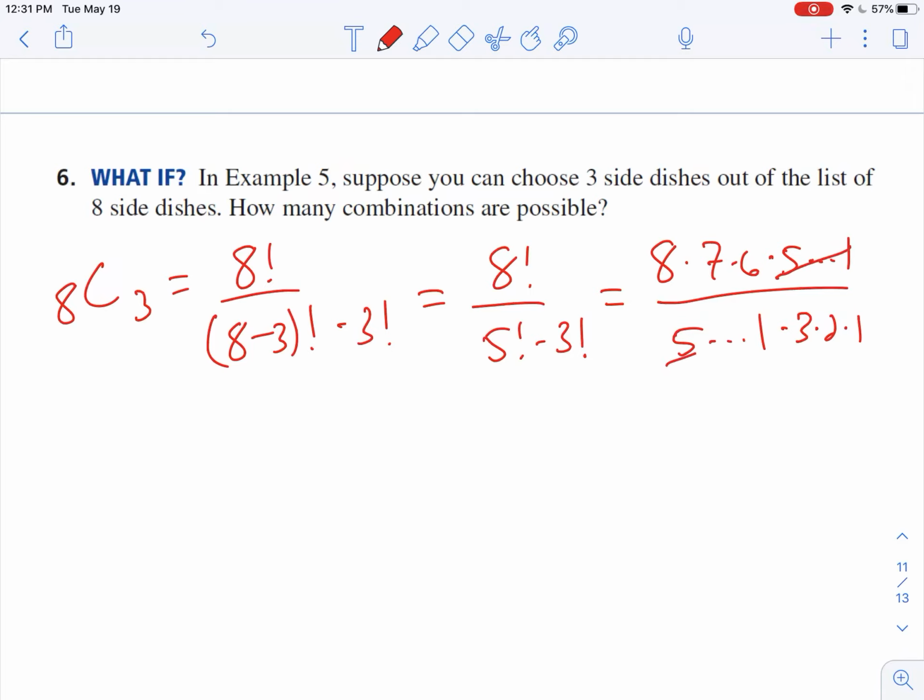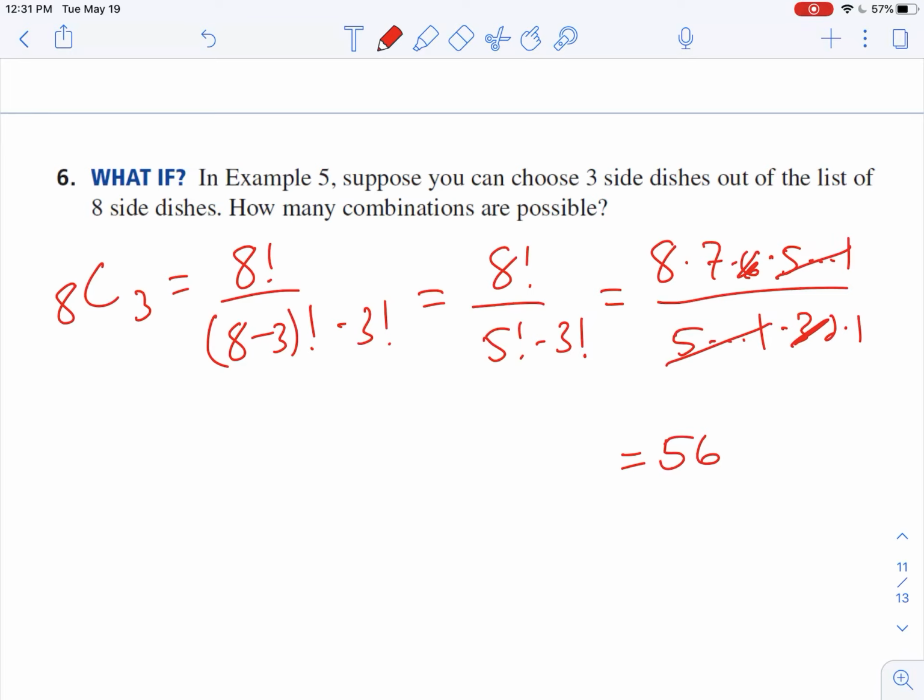The 5's will cancel. 3 times 2 is 6, so the 6 will cancel with the 3 and the 2. We're saying 8 times 7 is 56 different combinations of 3 side dishes.